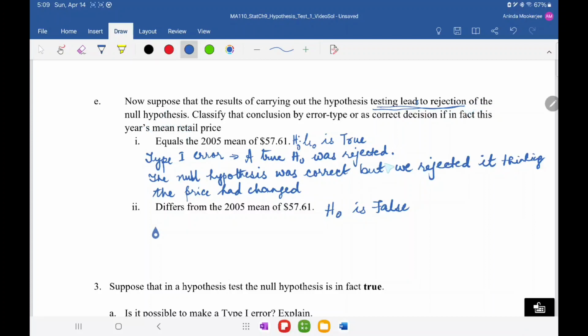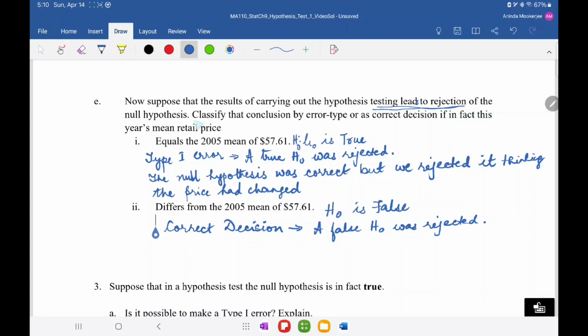So when we have rejected a false null hypothesis, we have taken a correct decision. A correct decision. Okay, that is a false null hypothesis was rejected.